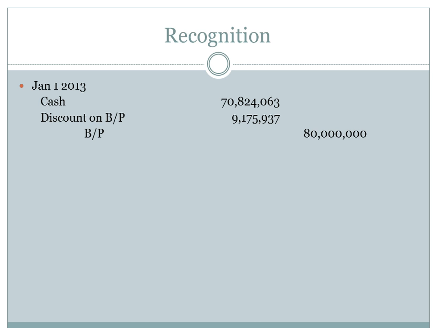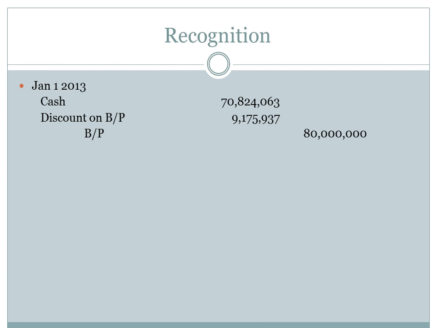In this particular case, the bonds are being issued at a discount, for less than face value, and so we need a compensating debit of $9,175,937 to recognize the dollar amount of the discount that was generated as a result of this bond issue.